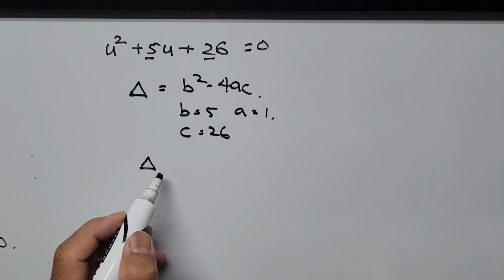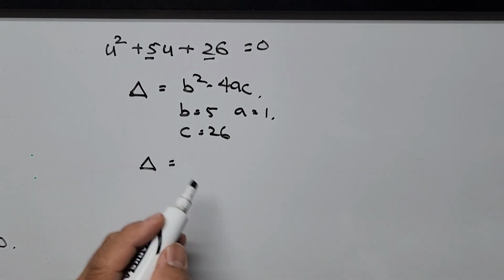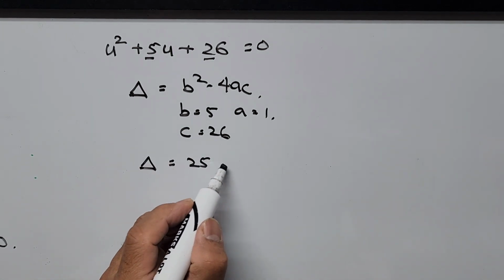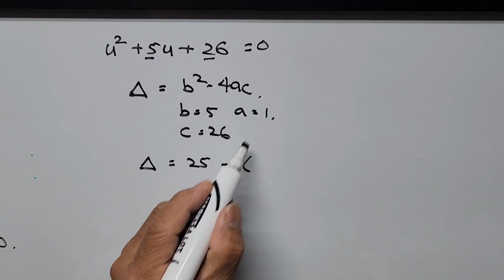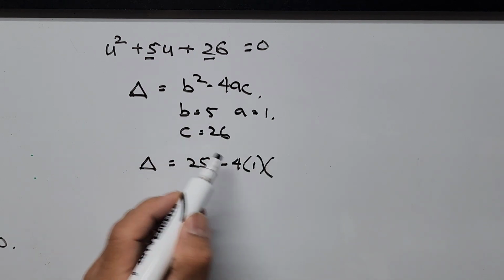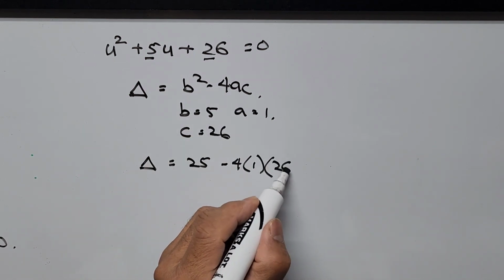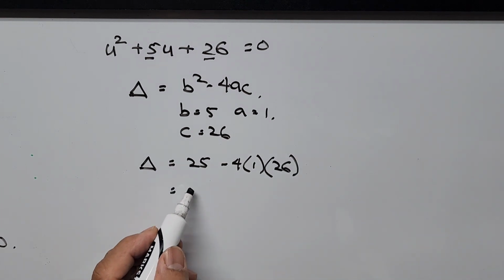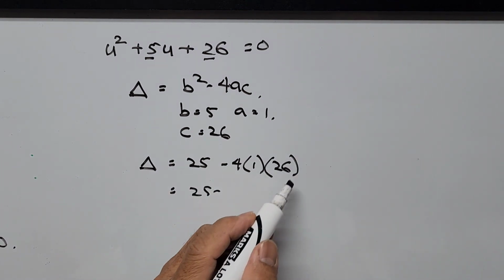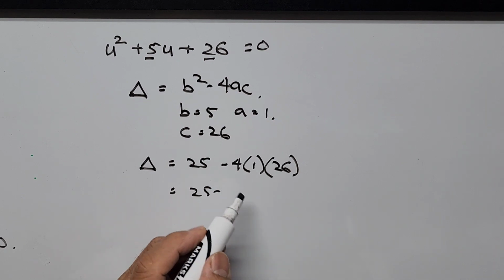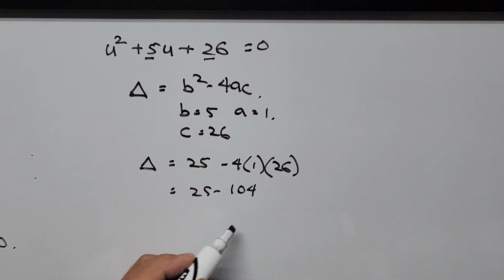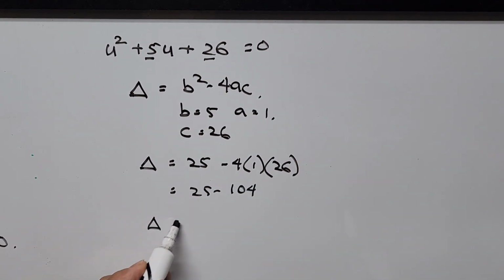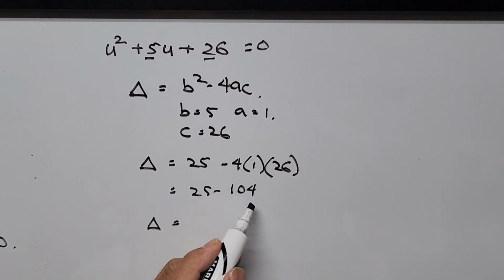So the discriminant b squared, that's 25, minus 4 times a is 1, and c is 26. This is equal to 25 minus 4 times 26. That is 104. So the discriminant is equal to 25 minus 104.